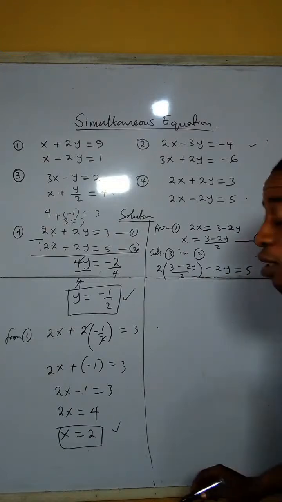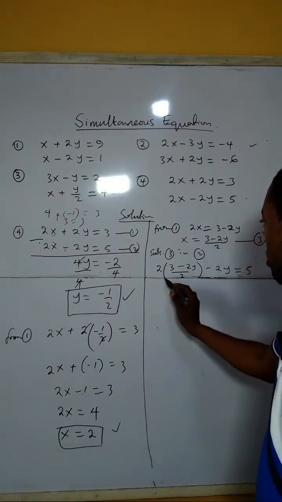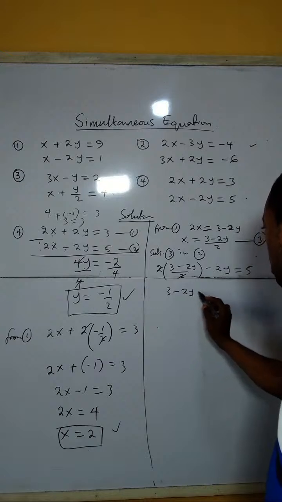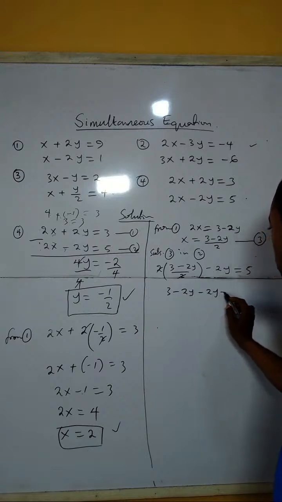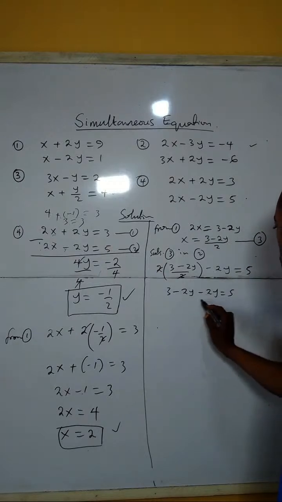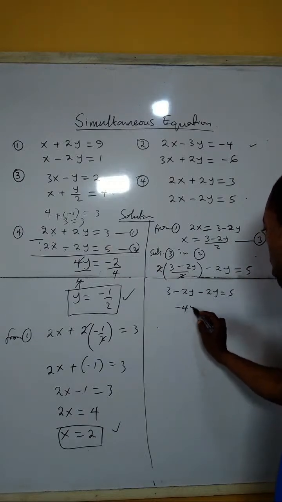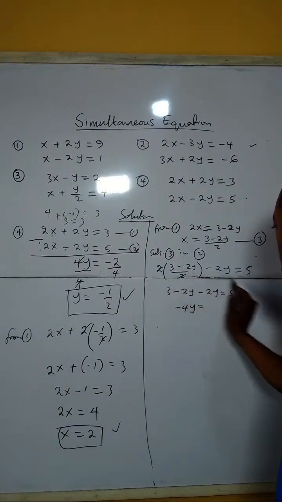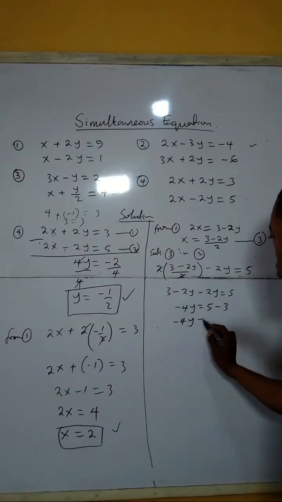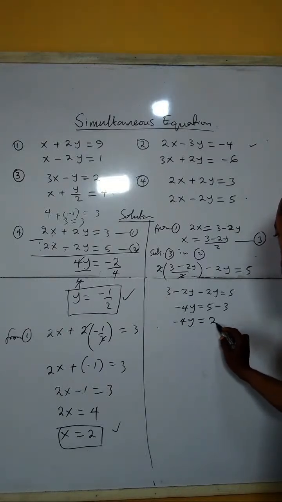From there, 2 times this, the 2s cancel each other. So we have 3 minus 2y left, then minus 2y equals to 5. That is here, minus 2y minus 2y, that's minus 4y. Then equals to, take 3 here, becomes minus, so that's 5 minus 3. So we have minus 4y now equals to 5 minus 3, that's 2.